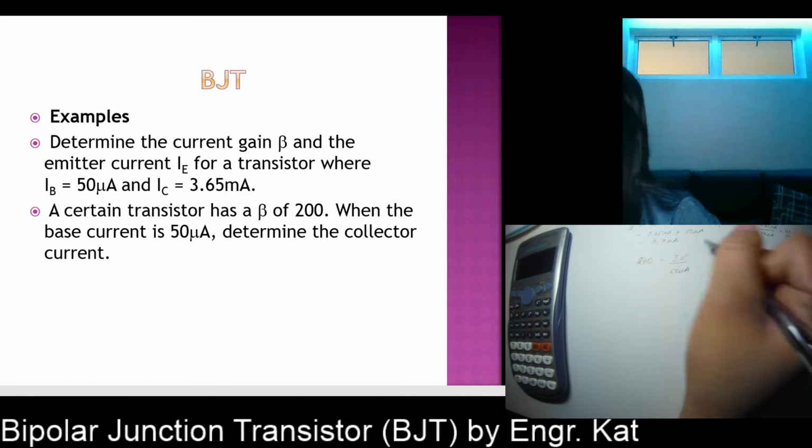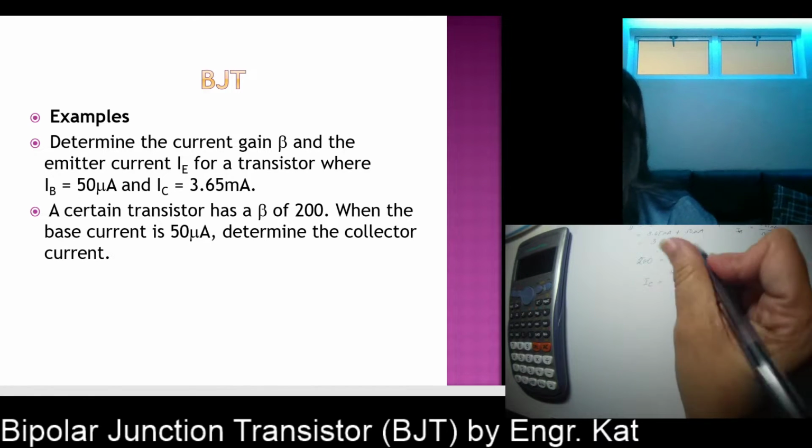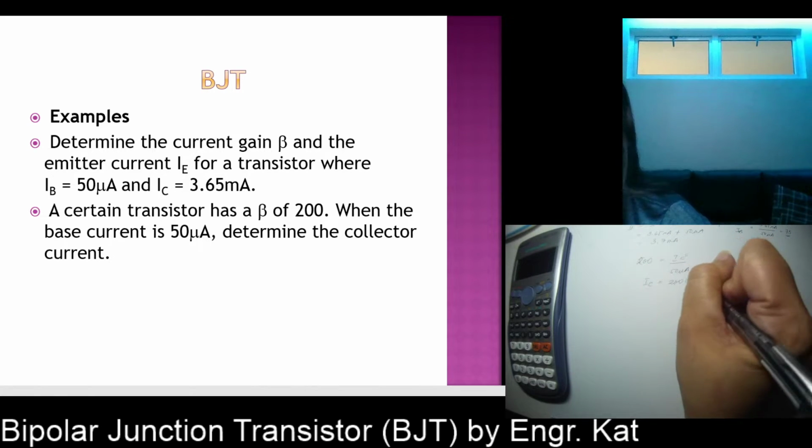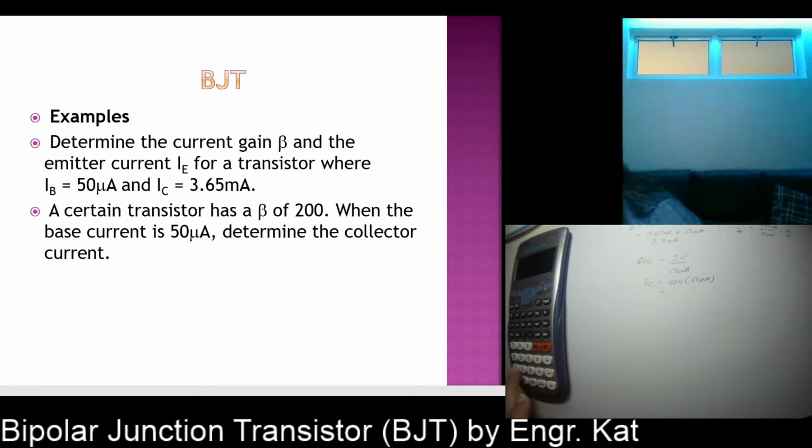So we wanted to solve for IC. Okay, so IC is equivalent to 200 multiplied by 50 microamperes. So giving us the value of IC, 200 times 50 exponent negative 6.